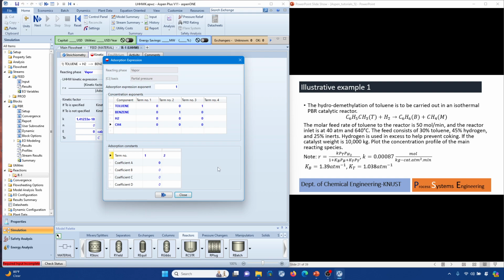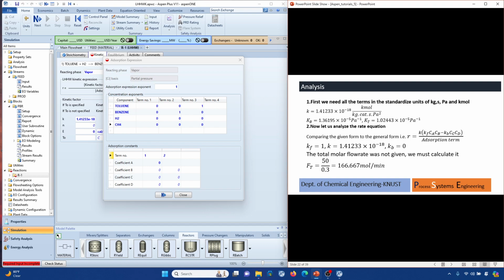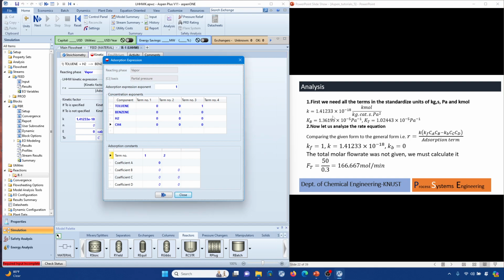When it comes to our second term, our KB, it's this value. And since it's just a constant value, 1 value, we plug this value into the natural log function, and it gives us the value of A we should specify. And the same thing can be done for KT.